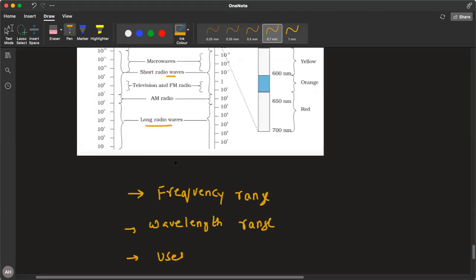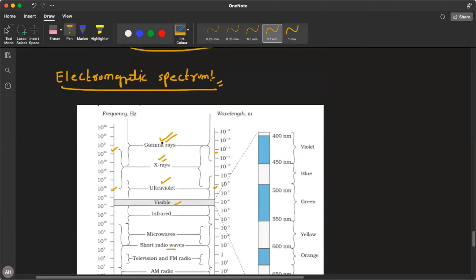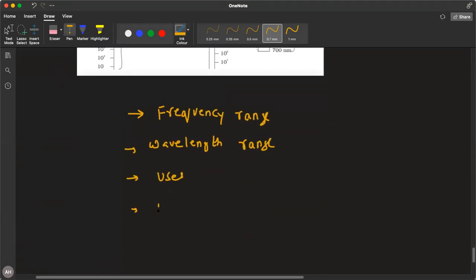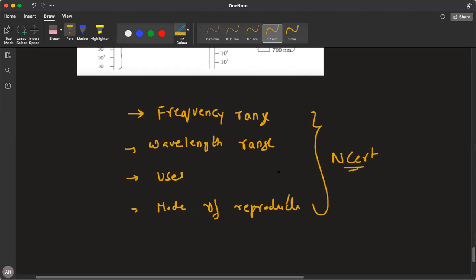Like you should remember the uses of X-rays, gamma rays, ultraviolet rays. And the last one is mode of production. How will you produce X-rays? How will you produce gamma rays? You will do this from NCERT. I can't help you in it. You yourself have to remember the frequency range. You have to learn it by heart.